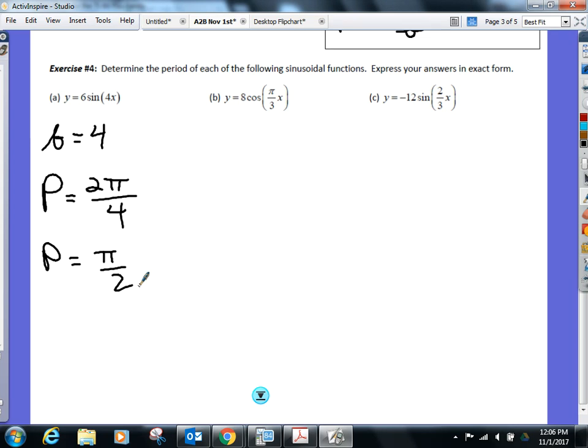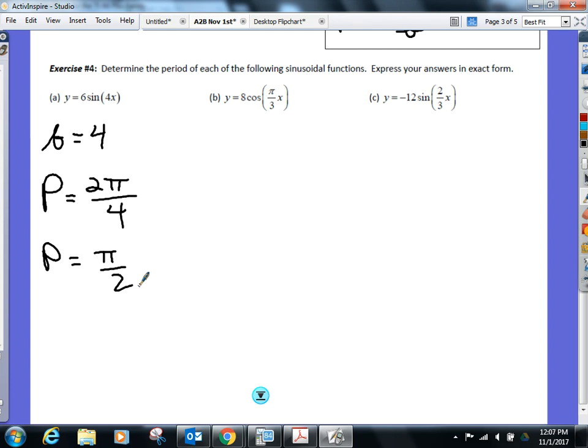Hey, hold on, before you get to part B. I want to know what you're finding. Just because you can do it and you can produce numbers for me, that's great. I want you to know what you're finding here. This is what this means. Everyone see the sine curve you have in front of you? See how that bad boy goes all the way out to 2 pi? What this is saying is that you're going to see one of those from 0 to pi over 2.